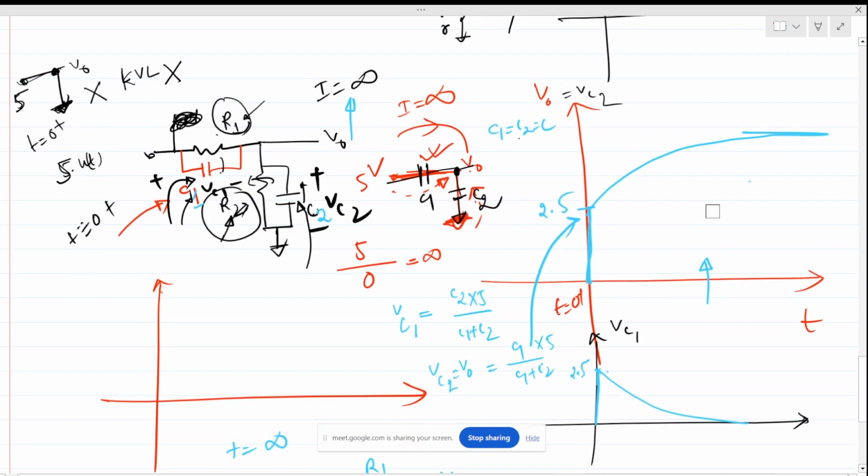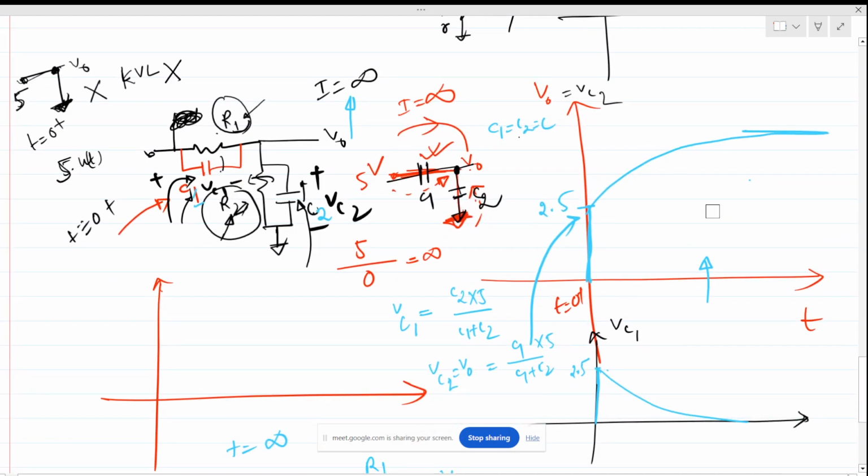To make KVL satisfied every time, right? Like in this case, I am making R2 very large, nothing else. So here R2 is very much greater than R1.